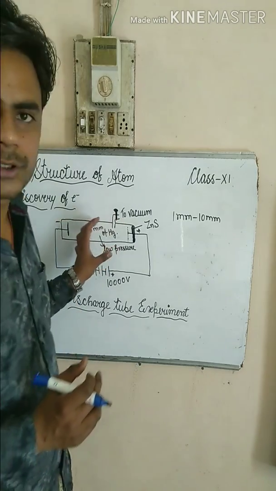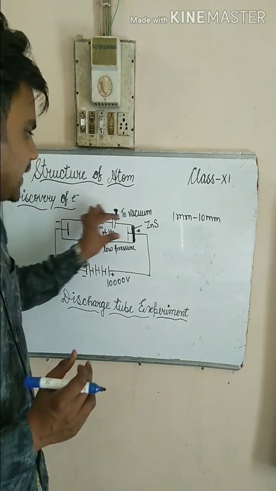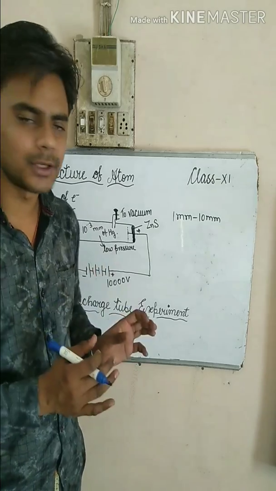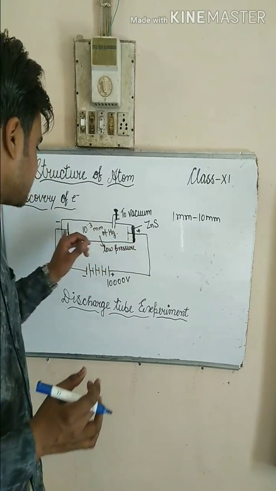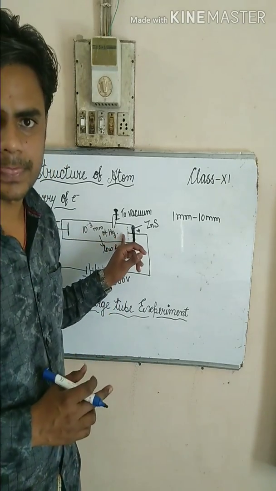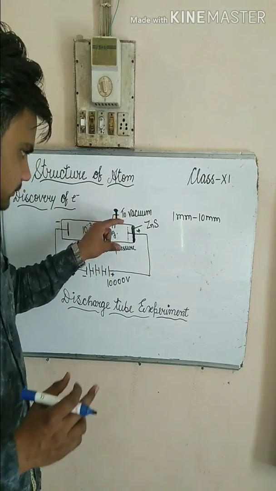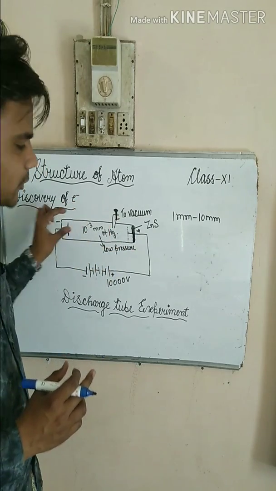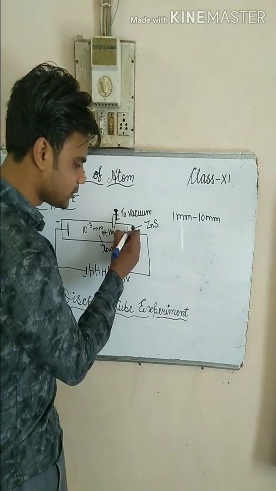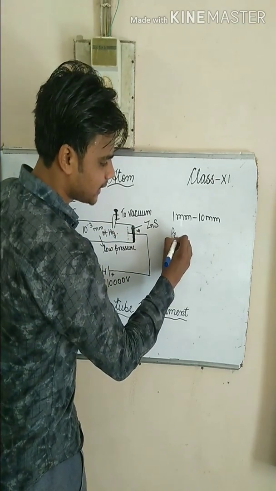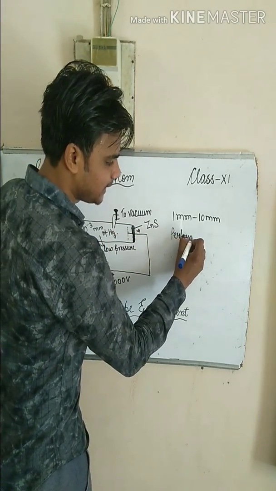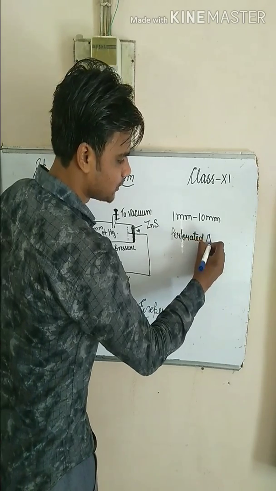Now there are two electrodes, one cathode and one anode, but there is a difference between the cathode and the anode. The cathode is one electrode, and the anode used is a perforated anode, my dear students. You can write this term, perforated anode.